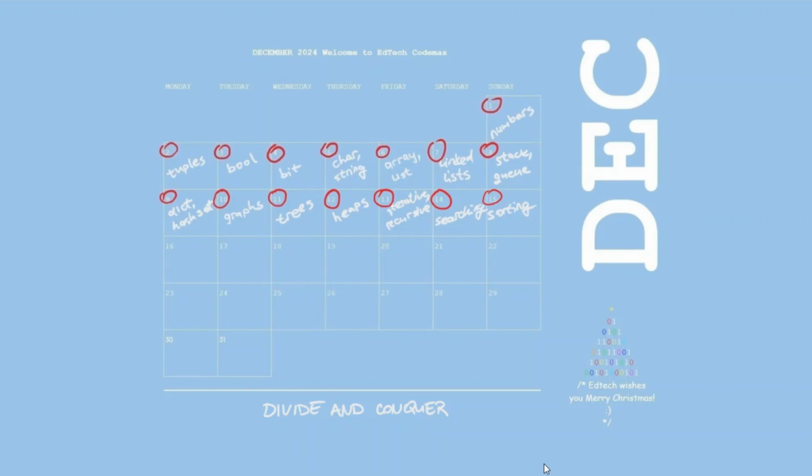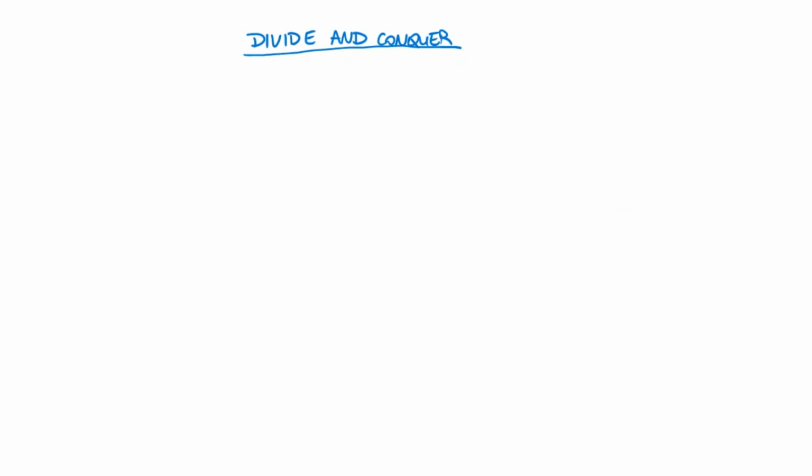Today, let's briefly dive into divide and conquer algorithms. Divide and conquer approach is about dividing the original problem into smaller parts, because sometimes it's not so easy if we are facing some complicated problem of large size.